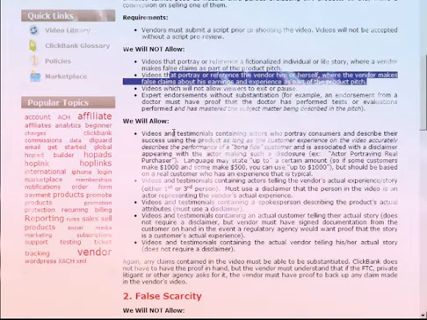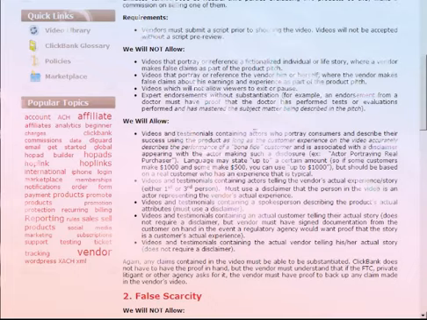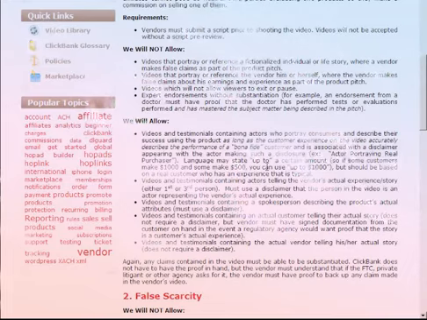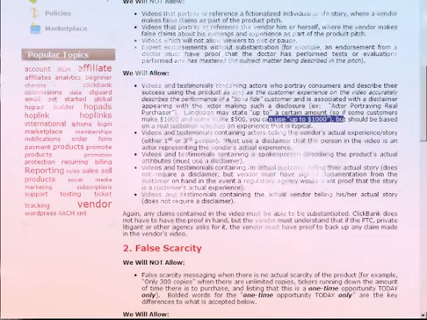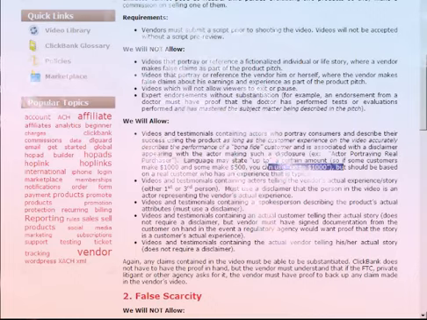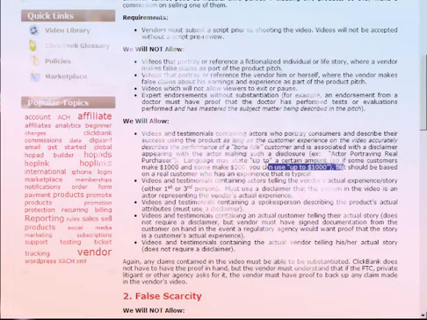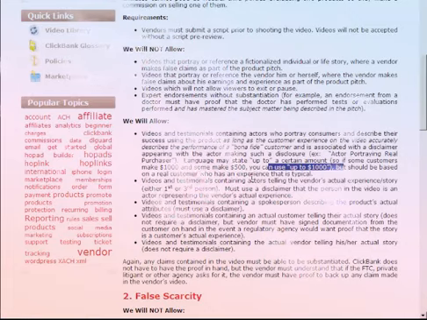What they do allow is videos and testimonials of people. You can read that here, stating that they actually made a certain amount of money up to $1,000. If that is the case, you need to make sure that they are not fictitious, because if the FTC looks at you and says, I want proof that you actually have it and you don't have proof, then that's going to cause problems and headaches for you in the long run.